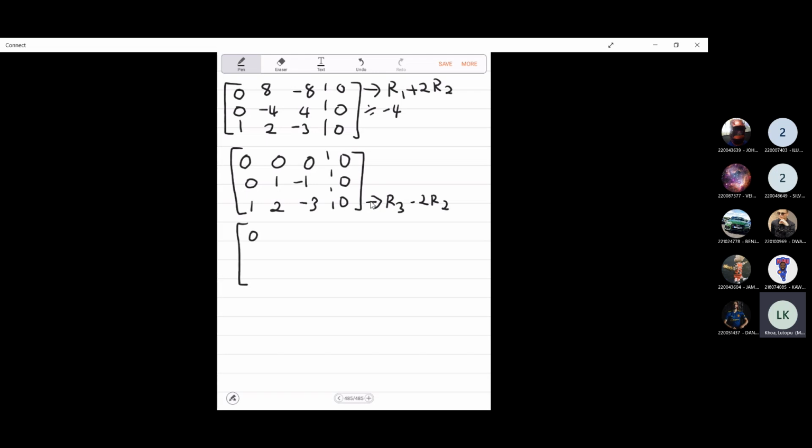So I have 0, 0, 0, then 0 here, then I have 0, 1, minus 1, 0, then I have 1 minus 0, this is 1, 2 minus 2 is 0, minus 3 minus negative 2, that's negative 1, and then I have 0 over here.